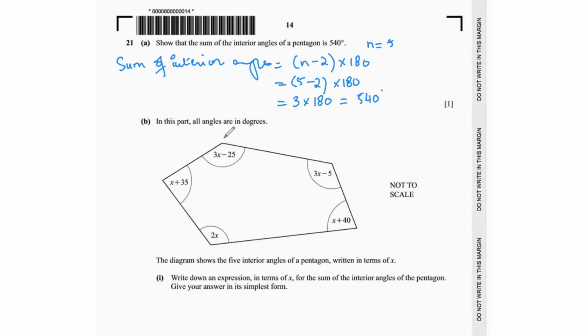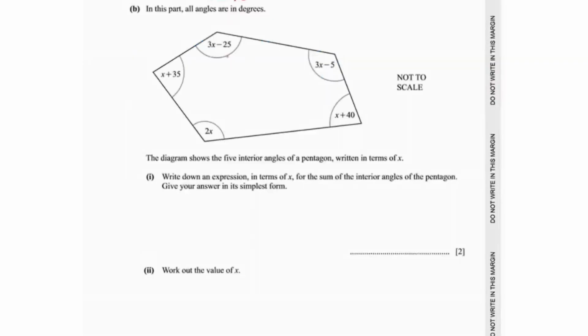Then it says, in this part, all angles are in degrees. The diagram shows the 5 interior angles for pentagon written in terms of x. Write down an expression in terms of x for the sum of the interior angles of pentagon. Then give your answer in its simplest form. So they want us to create an expression in terms of x in the simplest form.